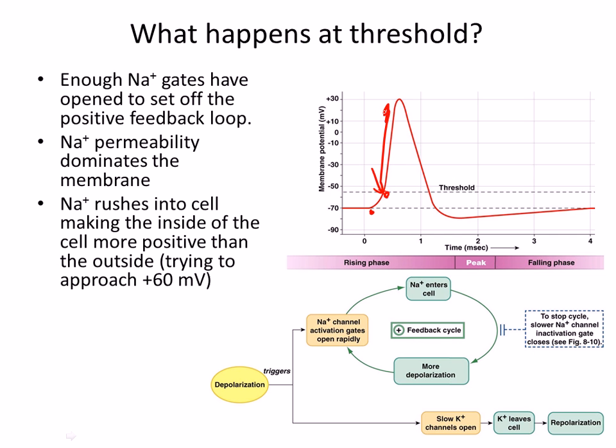And what are we trying to do? Remember, we could calculate where the equilibrium potential is. Sodium is trying to rush into the cell until it reaches its equilibrium potential, which would be plus 60. Now, that's not important for you. You don't need to know that I'm trying to reach plus 60. But that's why you're shooting up: sodium is rushing in so fast.